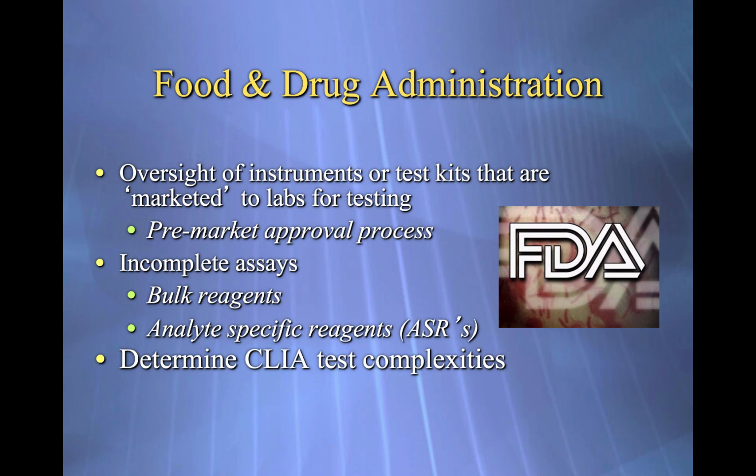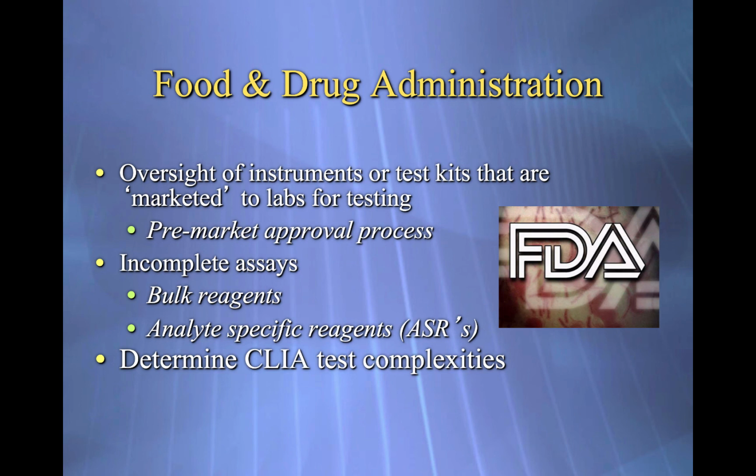Then there's things called analyte-specific reagents, or ASRs. One example I can give you is flow cytometry reagents or molecular diagnostic probes. These are for a specific test, for a specific purpose, but it's just the reagent. It doesn't necessarily say which instrument you're going to be using it on.